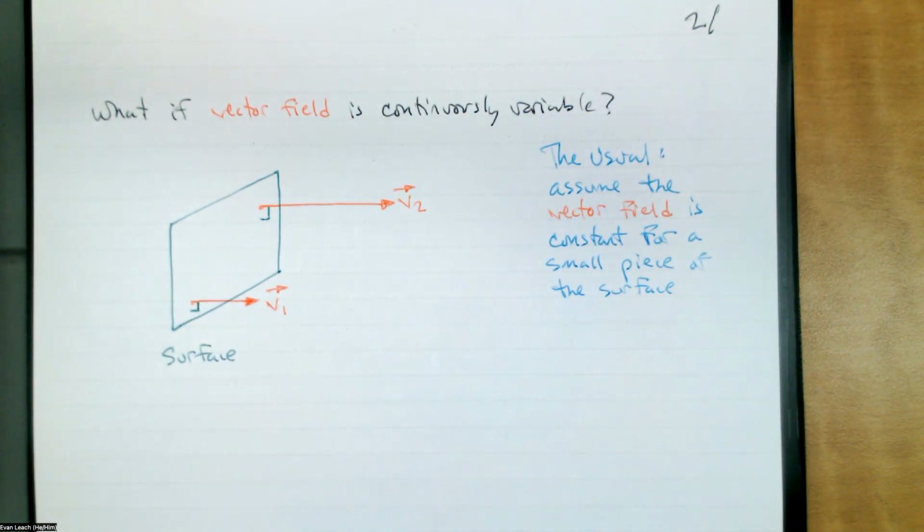We're going to assume that the vector field is constant for a small piece of the surface. If the vector field is changing continuously, if the function is continuously variable, then it's not going to change that much over a small region.